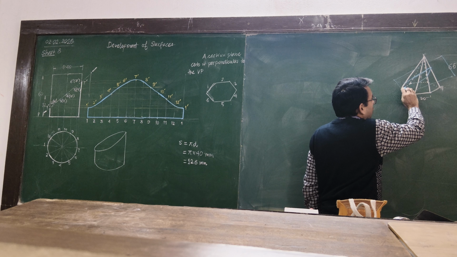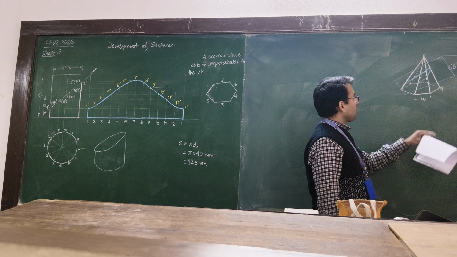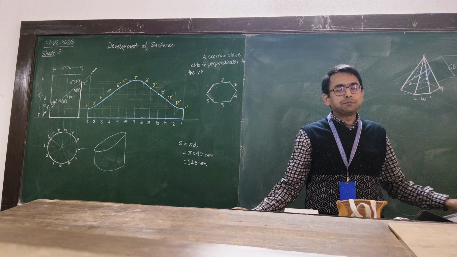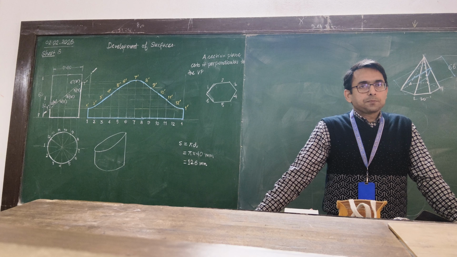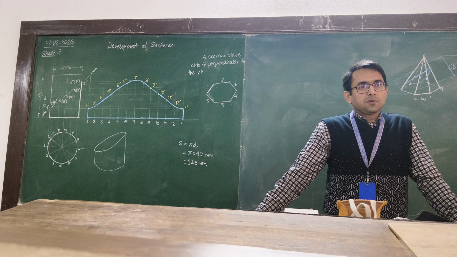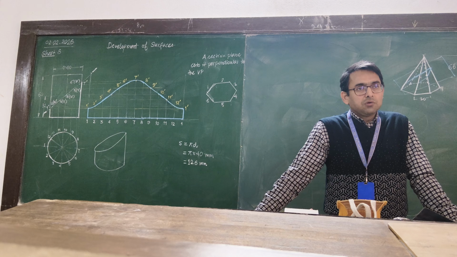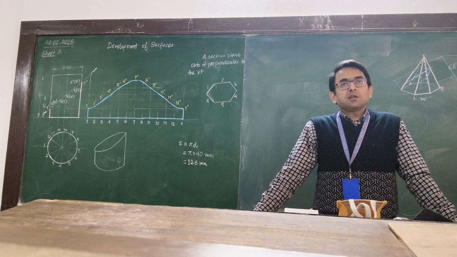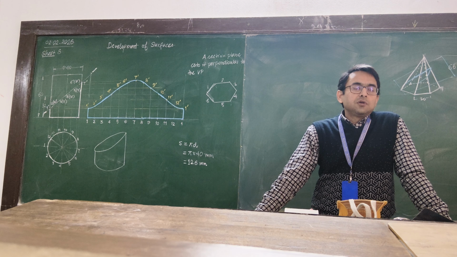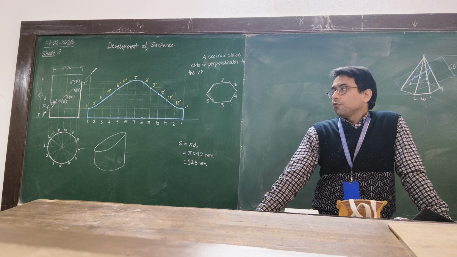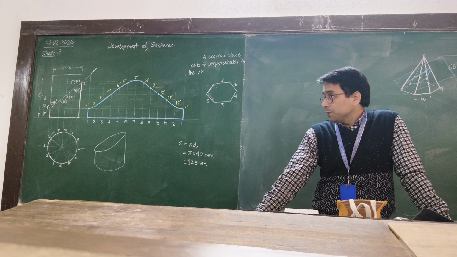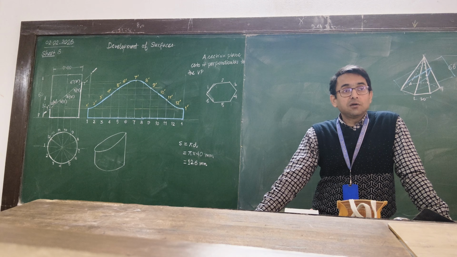So what can we easily draw of this? Easily which can be drawn, which is known, whatever you have drawn already. So from that experience, what you can draw easily of this.